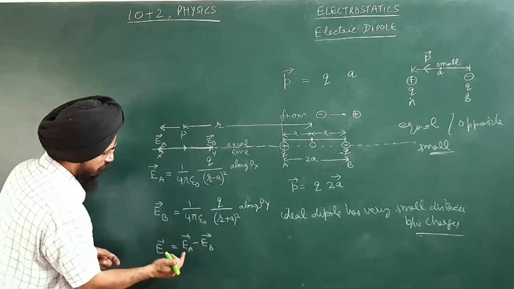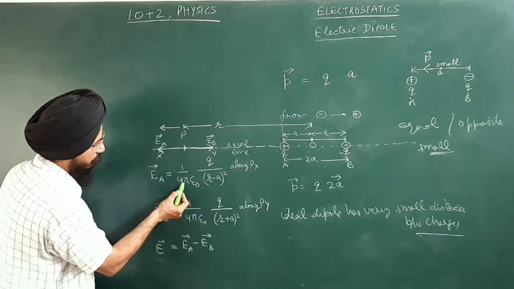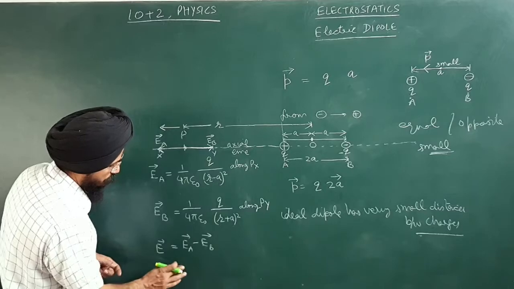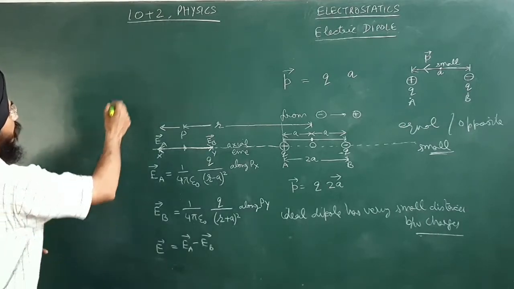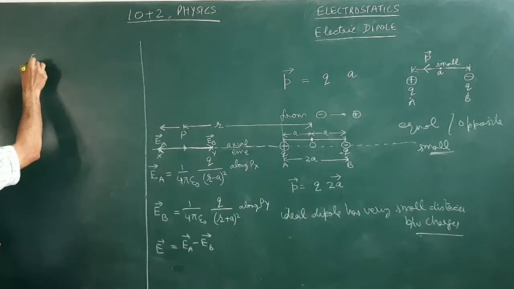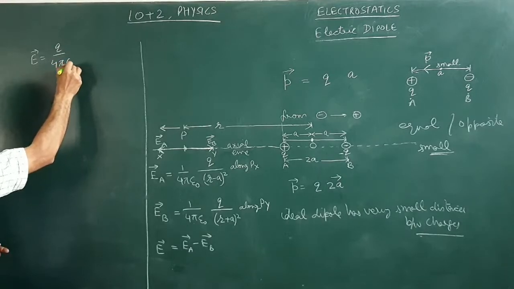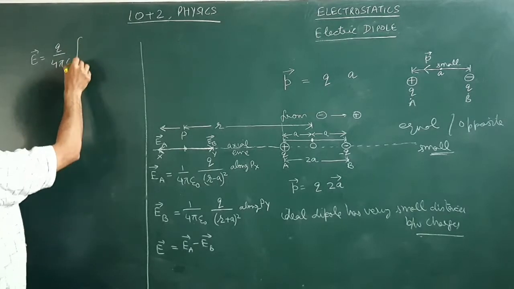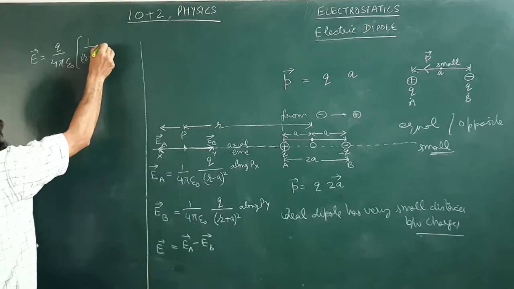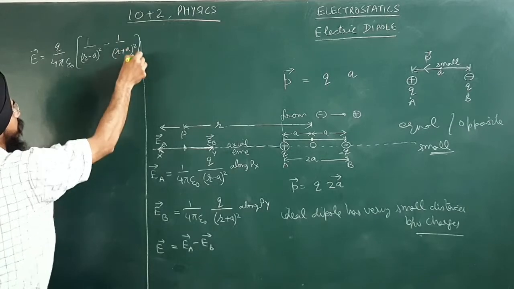So let us calculate the resultant now. Putting the values of EA and EB here, we will find that Q and 1 upon 4 pi epsilon naught are common in both terms. Therefore we take this term common. So E is Q upon 4 pi epsilon naught times the bracket, what remains inside the brackets is 1 over (r minus a) whole square minus 1 upon (r plus a) whole square.